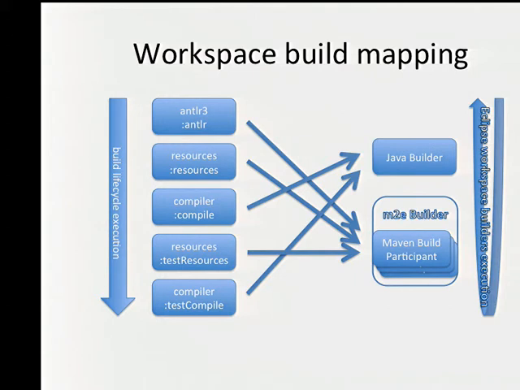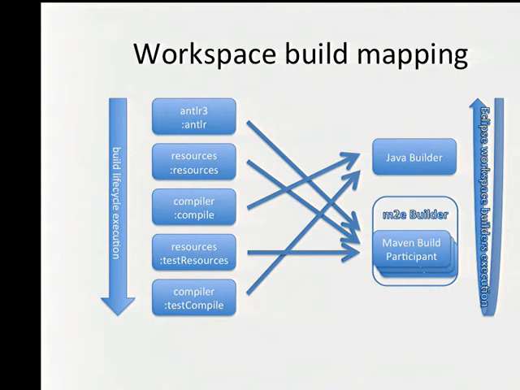But this doesn't actually cause problems by itself, because the way m2e workspace works is always driven by resource deltas. And the mechanism Eclipse uses to allow different builders to communicate with each other is through those resource change deltas. So for example, when the Java builder makes a change to workspace resources, those changes are communicated to the Maven builder.